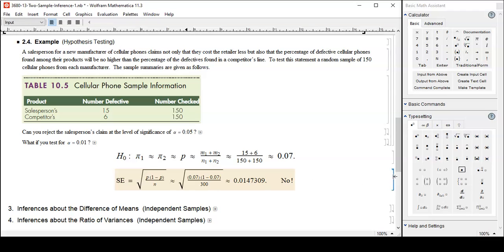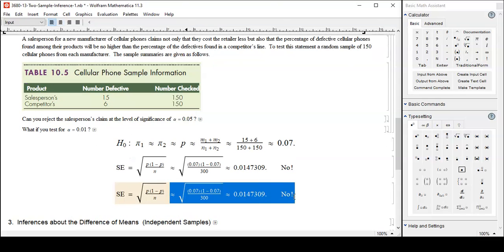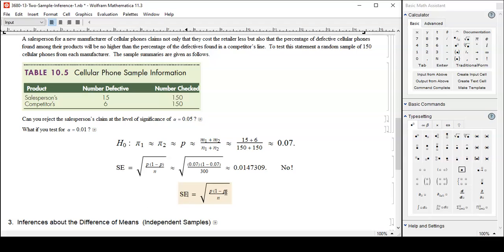So how do I make it right? Well, here is a sample of 150, and here is another sample of 150.